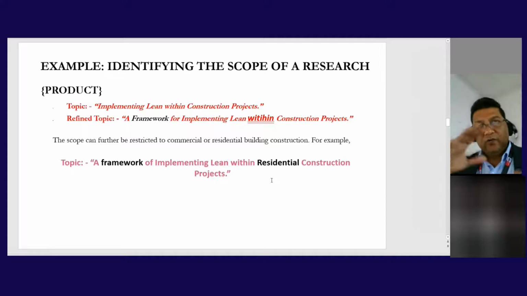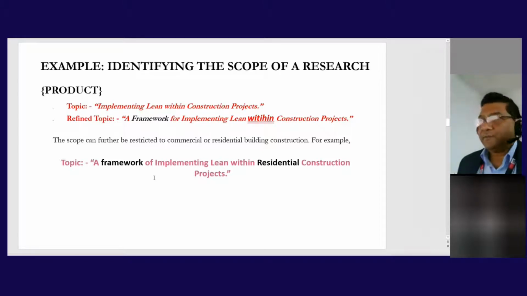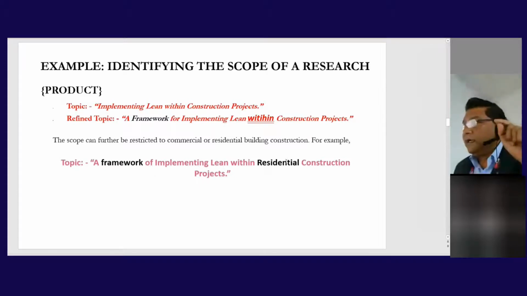Say that only in Manchester, only 50 companies are developing residential properties, so your target population is those 50 companies. Within the UK it is about 200 companies, so you just send the questionnaire to those 200 companies only. So now the product is the framework, but that framework is focused on residential construction to implement lean.